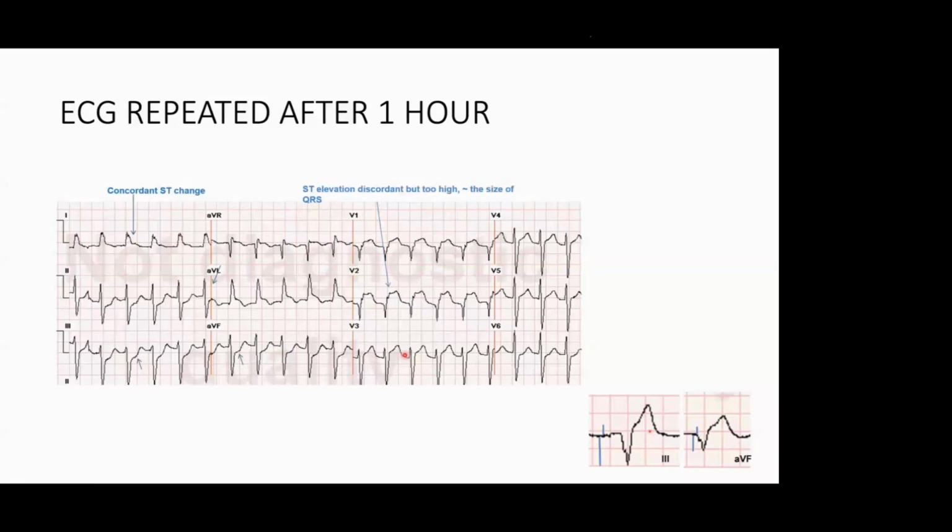You diagnose MI by two things: looking for the concordant ST changes, and the discordant ST changes where the ST change in the discordant lead is more than 25% of the QRS amplitude. You have seen this is the QRS amplitude, and this is the ST amplitude. It's almost 25%. So, inferior infarction. This is a way to find MI in LBBB.